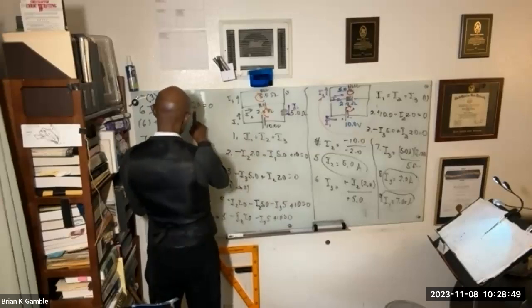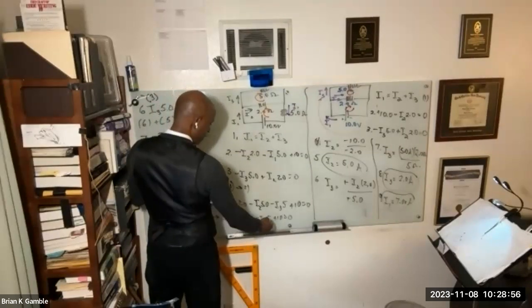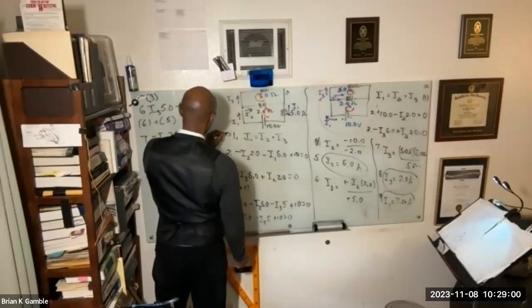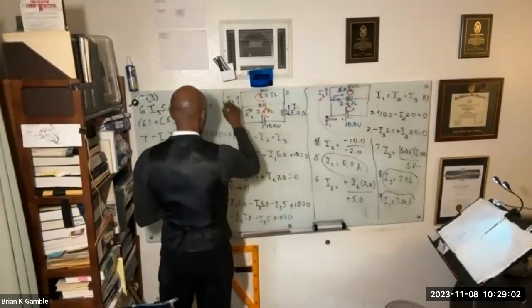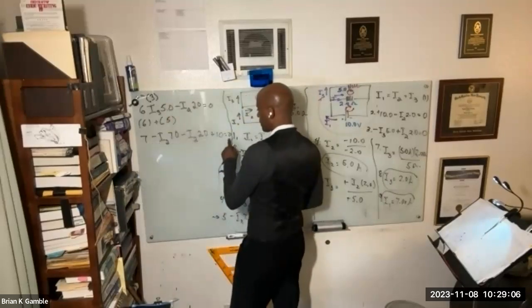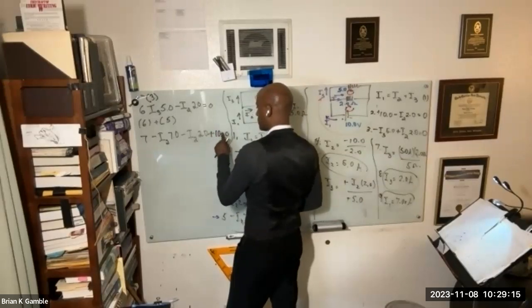And then this is going to come down minus I2 times 2. And then I still have the 10 over there, which is plus 10 equals 0. And so I think this is going to be consistent with my notes, so we're on the right track.